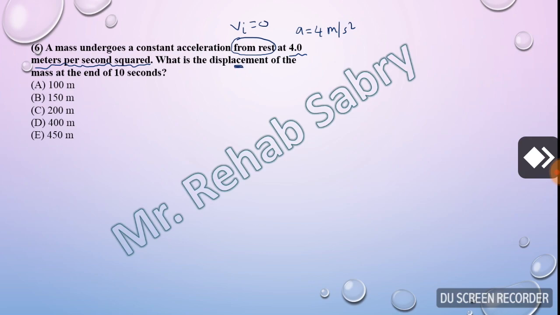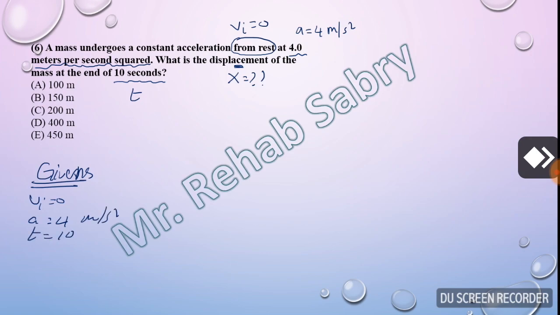What is the displacement? He's asking about x of the mass at the end of 10 seconds. So this is time. The givens here are: Vi equals 0, a equals 4 meters per second squared, t equals 10, and the required is x.